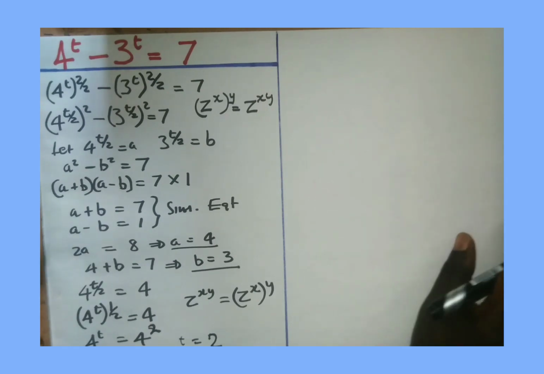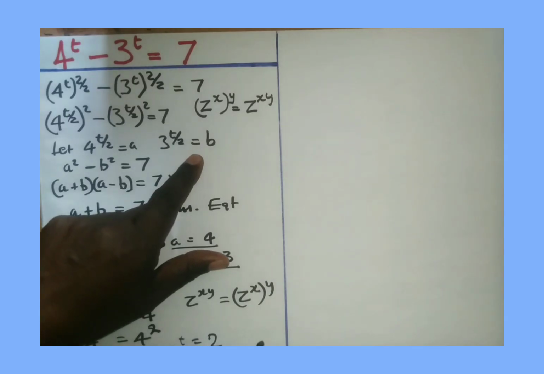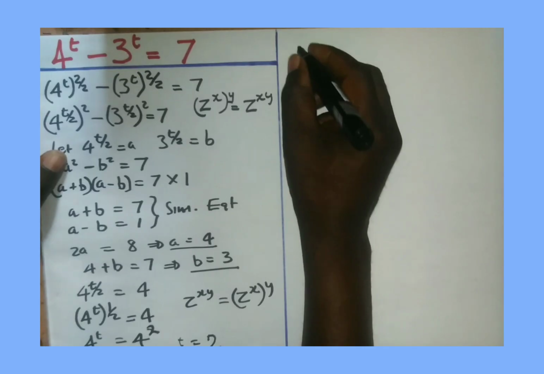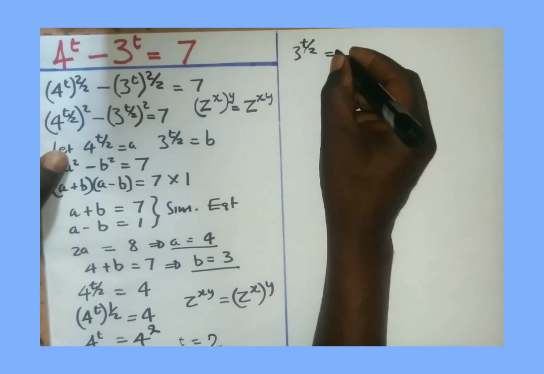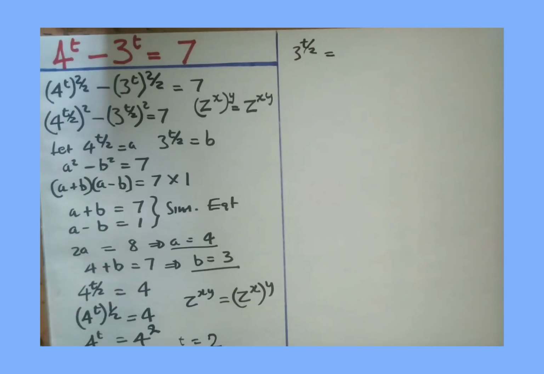Let's see if we get the same thing if we use the second equation here. 3 to the power t over 2 is equal to b. But what did we find b to be? b is equal to 3.